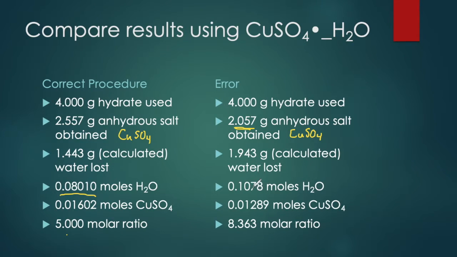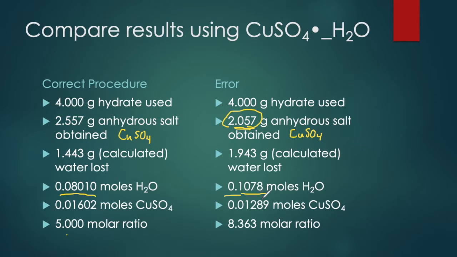That's going to make the moles of water too high. You can see that it should have been 0.0801. Instead you get 0.1078 moles. So your moles of water are also too high. But your moles of copper 2 sulfate are too low. Again, because your mass of copper 2 sulfate was too low, your moles of copper 2 sulfate are going to be too low.